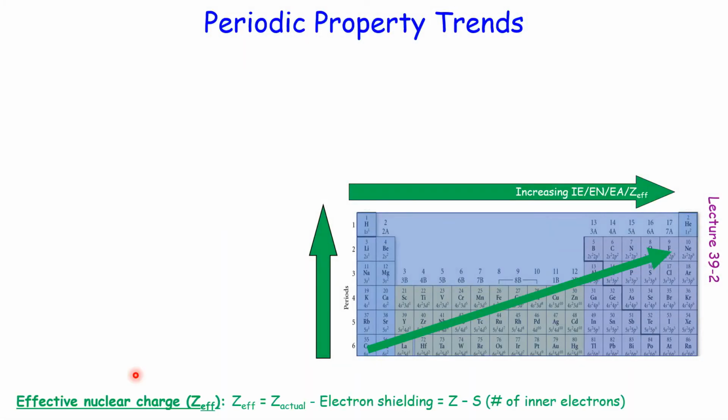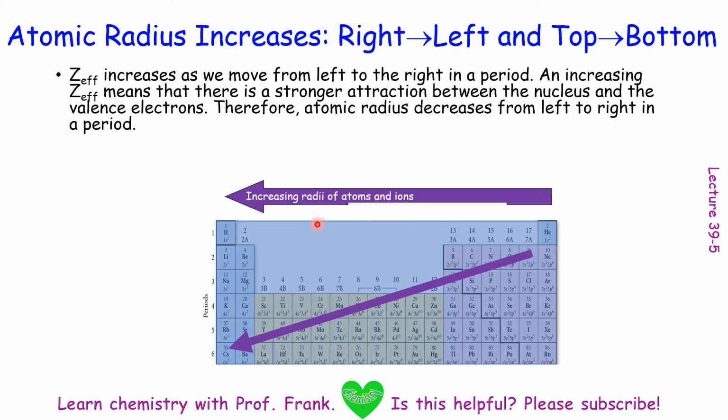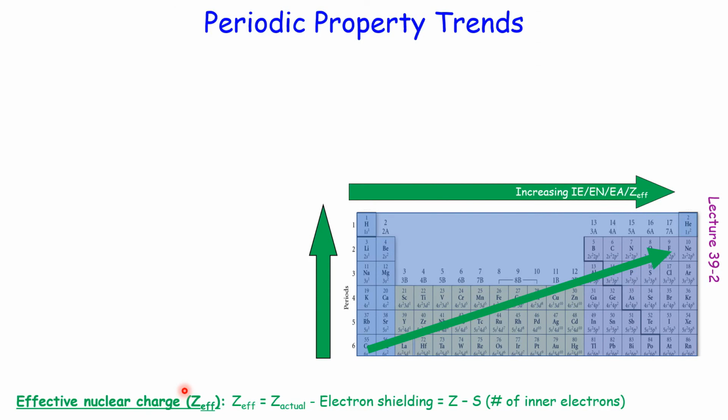Now we add effective nuclear charge to this slide. We just learned effective nuclear charge from Lecture 38. We know ZEF can be calculated using the atomic number subtracted by the number of core electrons.